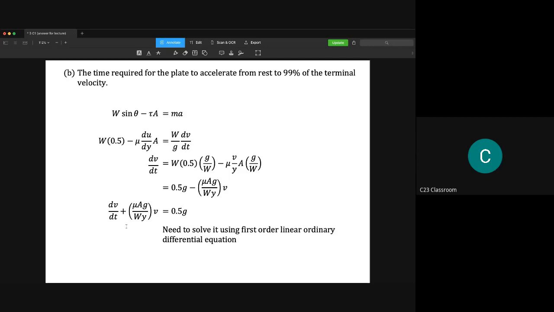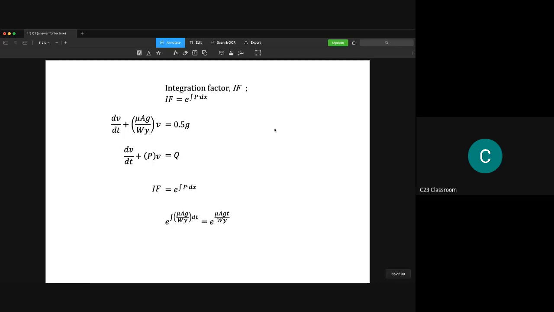Okay, and then we could solve this by using the first order linear ordinary differential equation. There might be a few methods to solve this one, but I'm going to solve it by the idea of the integration factor.